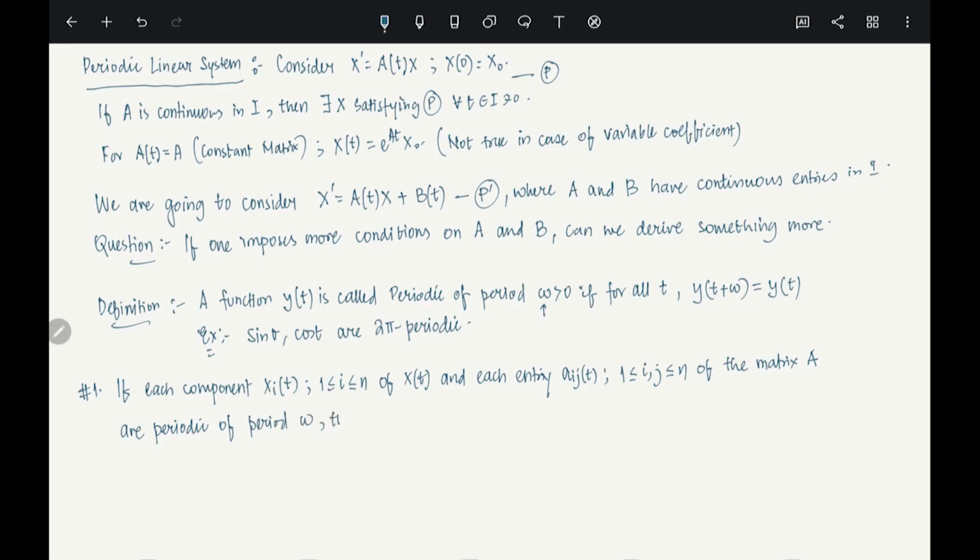Then x(t) and A(t) are said to be periodic of period W.